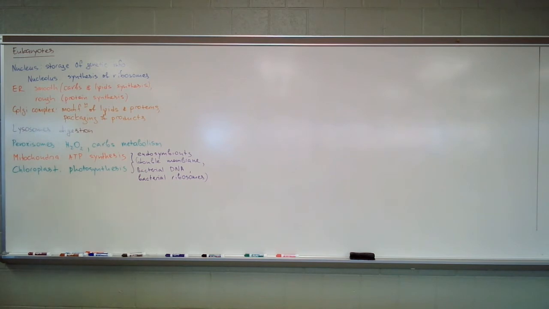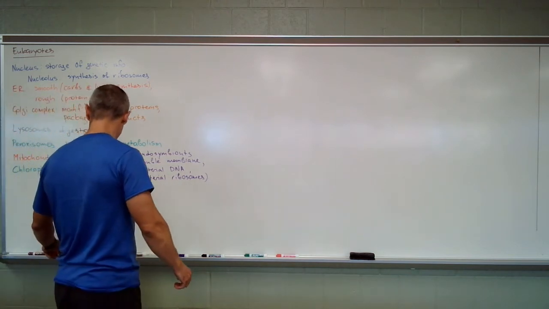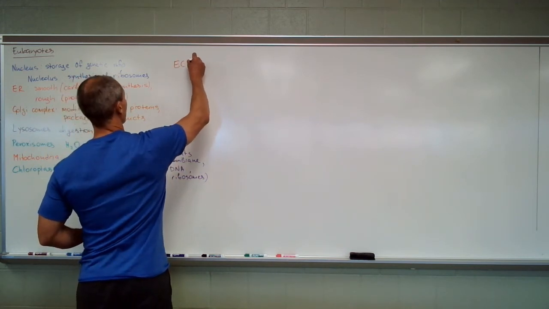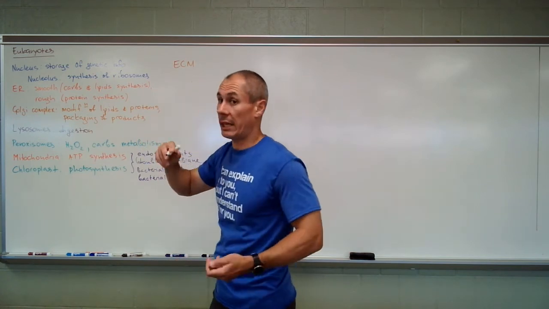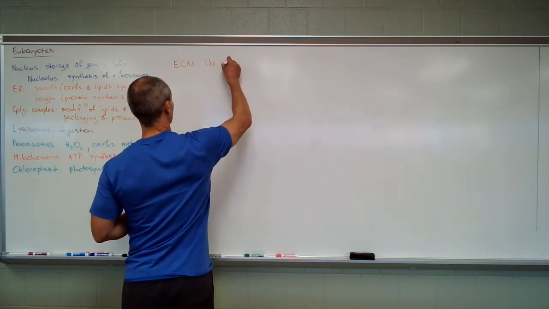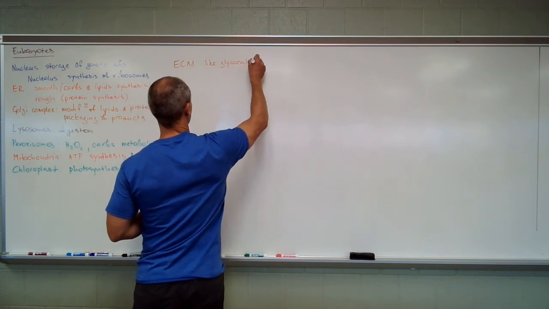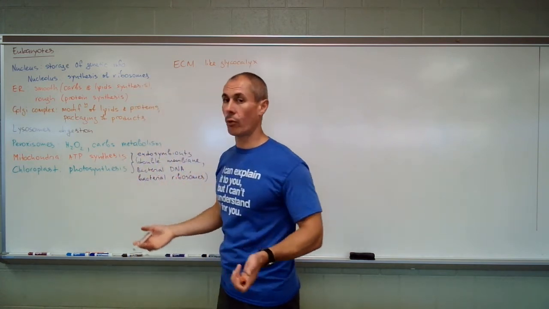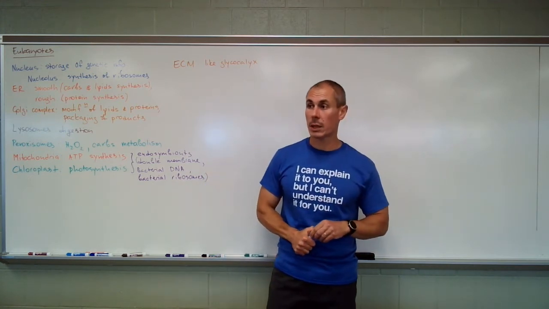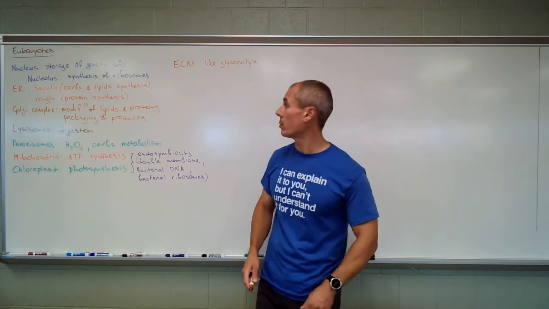Three more things to talk about here. First is the extracellular matrix. Extremely boring thing. It's like glycocalyx. It can form capsules. Some fungi form pretty robust capsules that protect against phagocytosis.